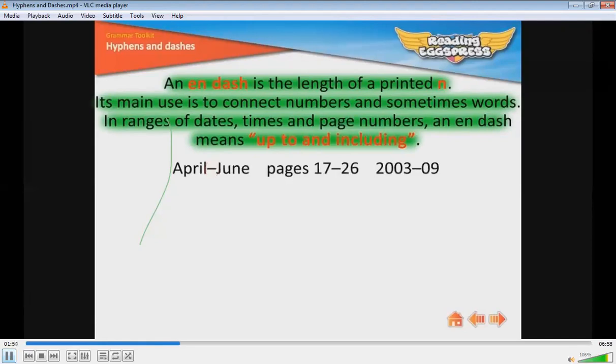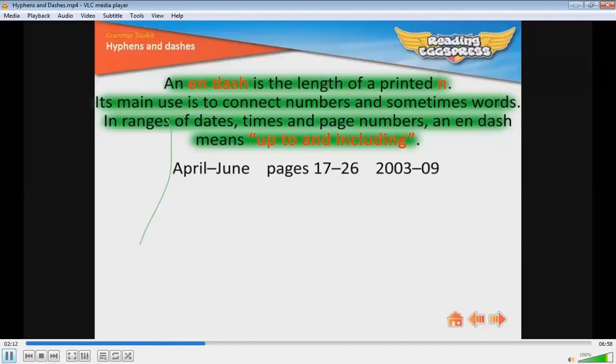So for April dash June, we know this means April, May, and June. Pages 17 to 26 means from page 17 to 26, up to and including all those numbers.